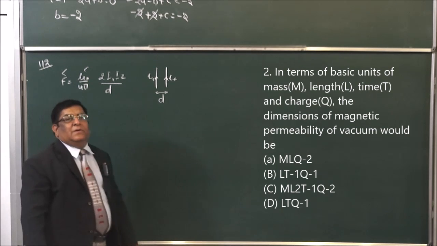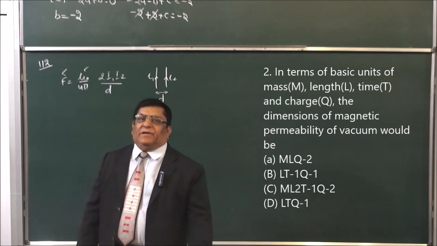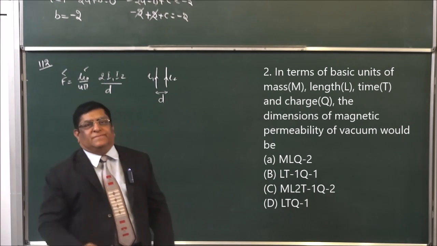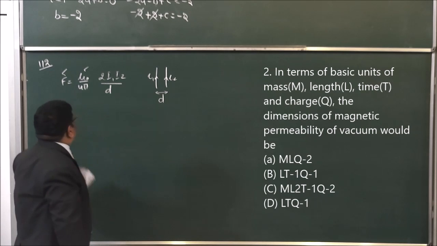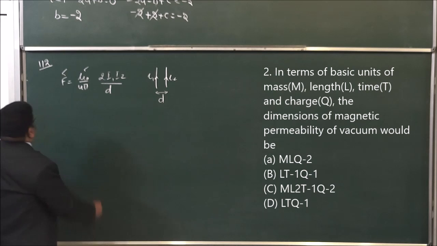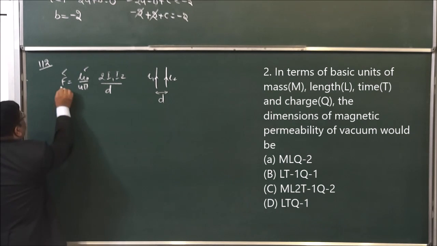Whenever we want to find out the dimensions of any unknown quantity, try to find its relation with force or work, because we know their dimensions. So now we put the dimensions here. The dimensions of force are M, L, T minus 2.